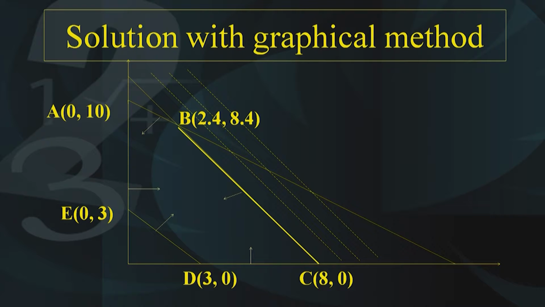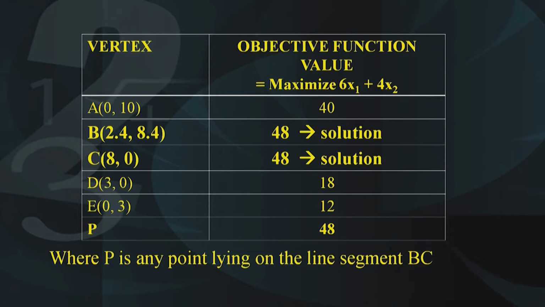Let us try to evaluate all these points A, B, C, D and E. Let us look at the value of the objective function at each of these vertices. In this table, the first column lists the vertices A, B, C, D, E, and the second column gives the value of the objective function at each of these points.